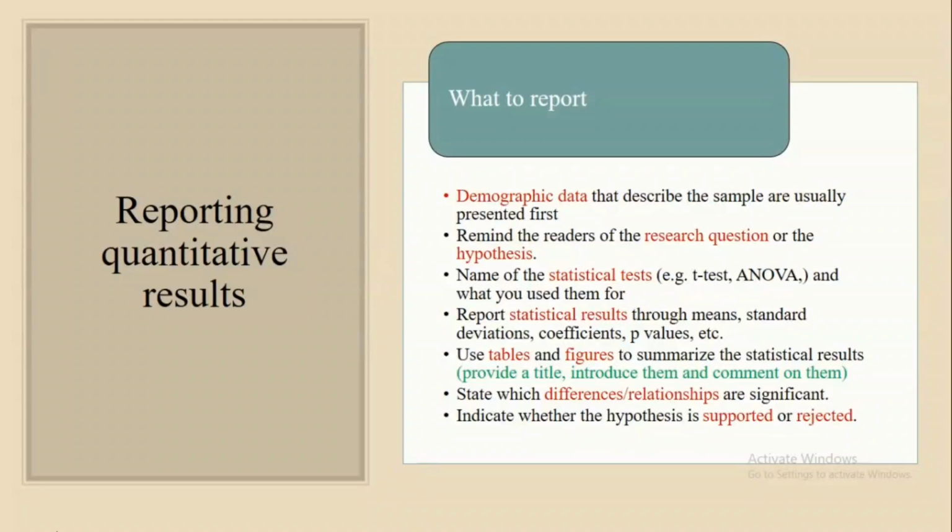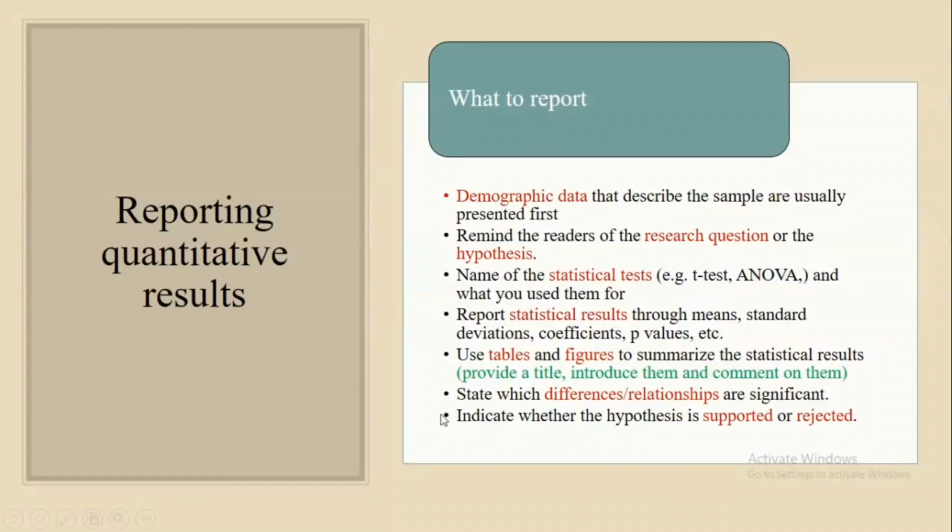What is the effect of something on something, if you are investigating a causal relationship? So remind the readers. I always say, do not repeat yourself. If you say, what is the relationship, do not write a hypothesis that says there is a relationship between variable A and variable B. You're repeating yourself. What is the difference? There is a difference between this and this. Choose, be wise when you write. Do they replace each other? Can I use them interchangeably?